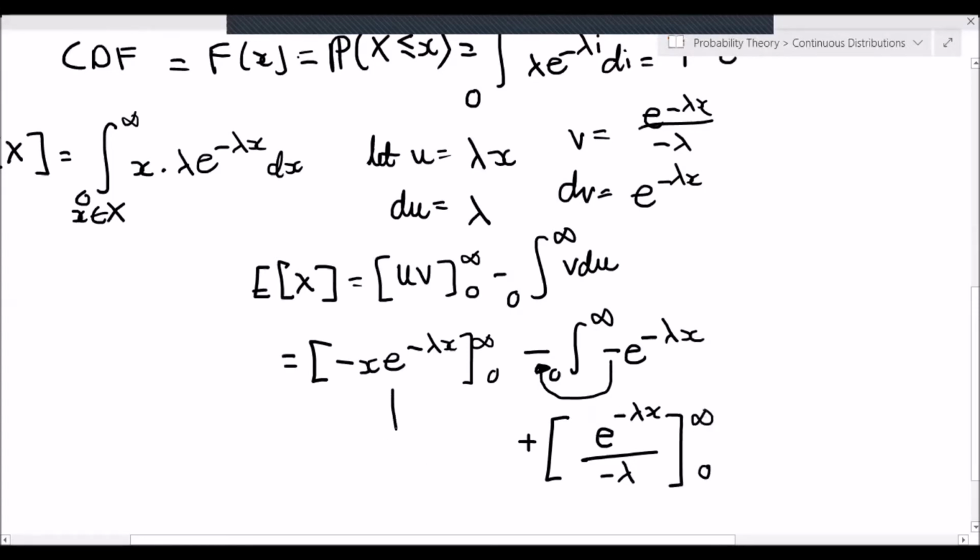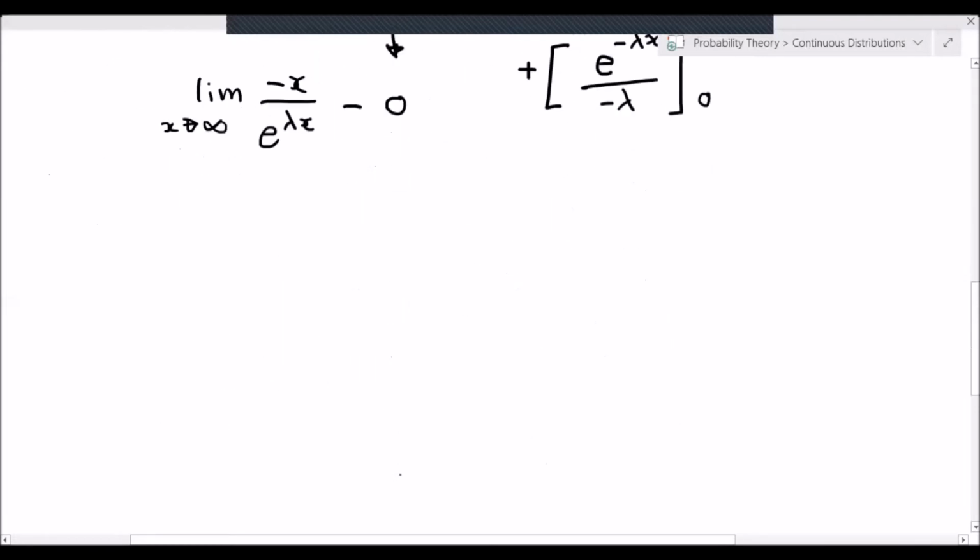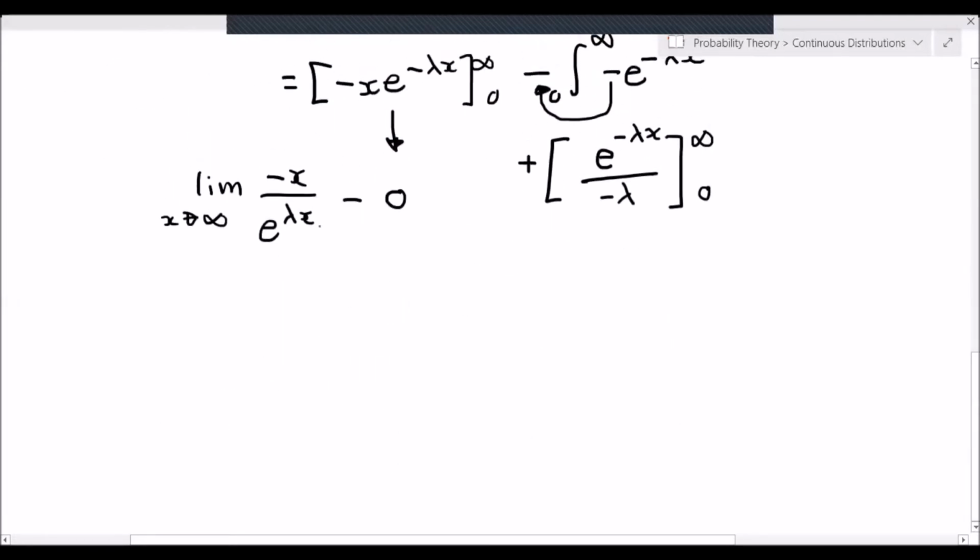And over on this side, we end up with the limit as x goes to infinity of negative x over e to the lambda x, minus 0, because we can see at the limit of 0, x is 0. That means that this product is going to be 0. So for this limit, you see that both converge to infinity as x goes to infinity, so we're going to have to use L'Hopital's rule.